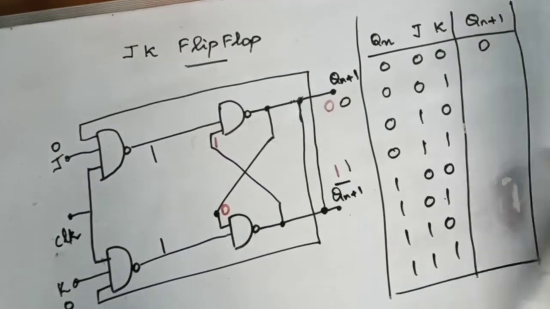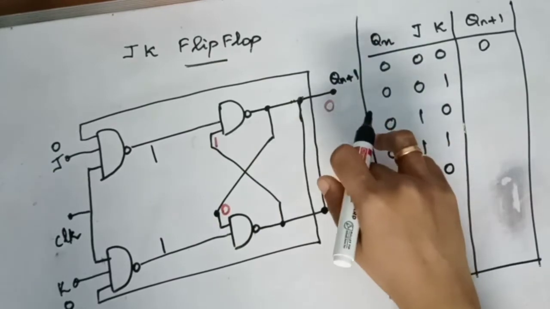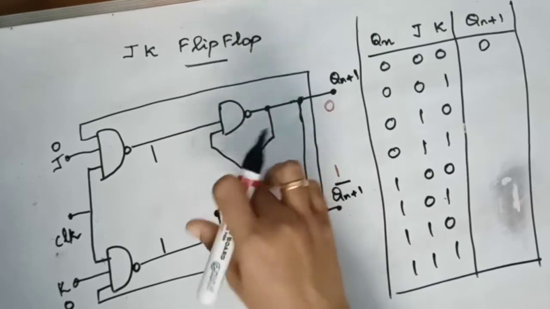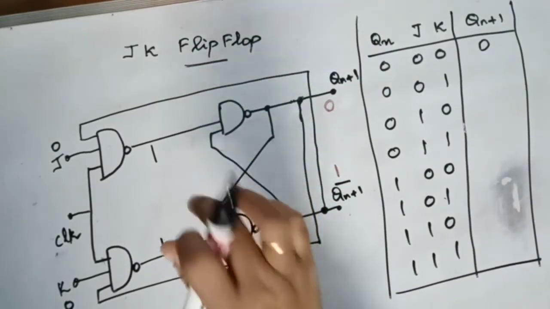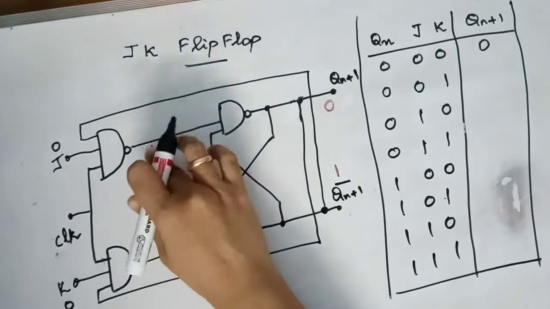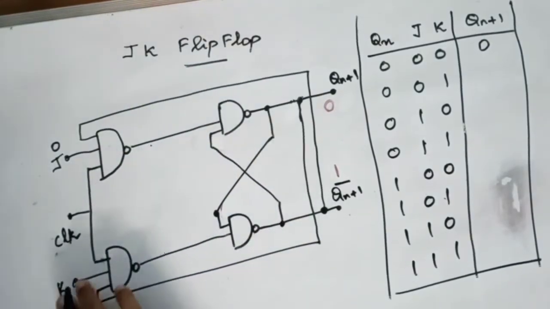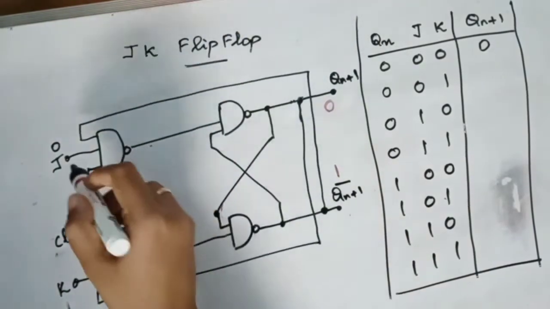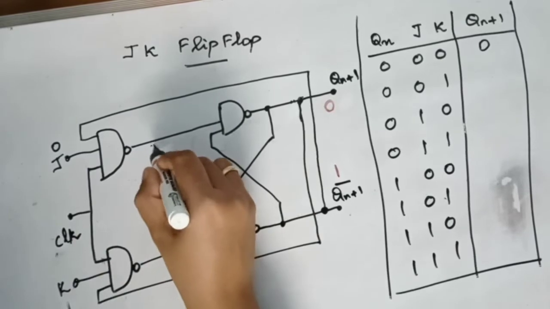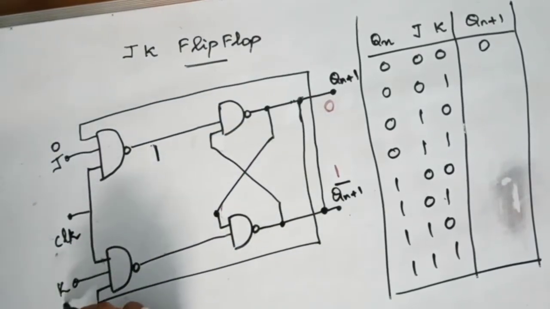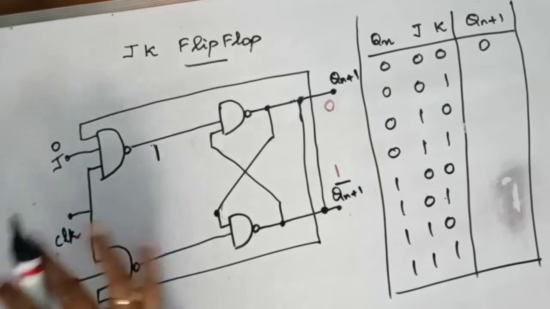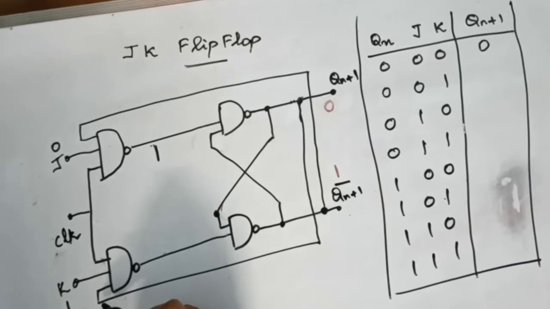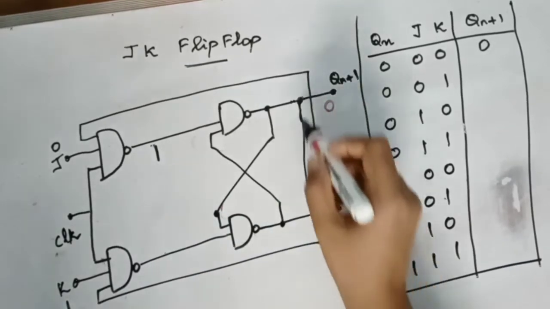Next, we are considering the previous state as 0, and J K as 0, 1. Since this has a 0, here you have a 1. This has a 1. Clock is also always considered as 1. But then you have a third input, so you have to check what that is. That is a 0.